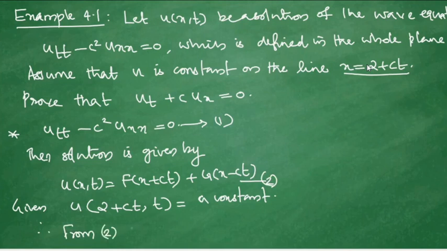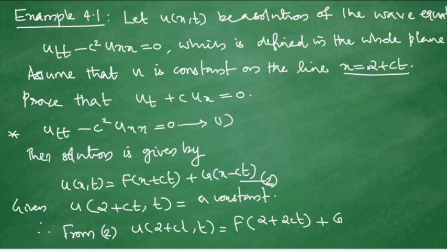u at 2 plus ct, t is equal to f of 2 plus ct plus ct, that is, 2 plus 2ct, plus g of x minus ct. Here x is equal to 2 plus ct, so x minus ct is equal to 2.